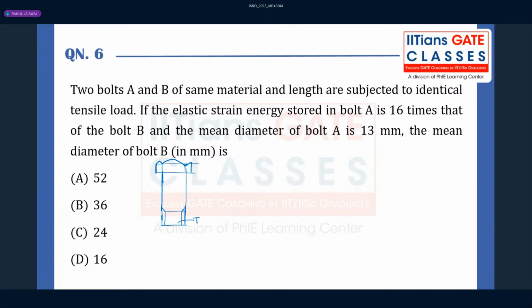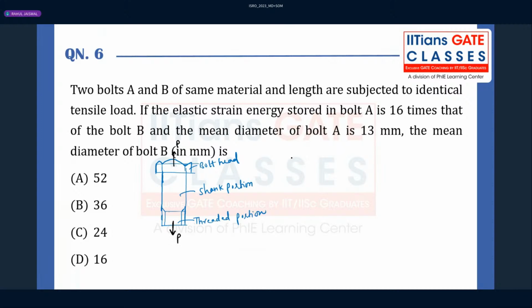Here, this is nothing but the threaded portion. The shank portion we also call the unthreaded portion. This is the bolt head, right? Now it is being subjected to a tensile load, for example.